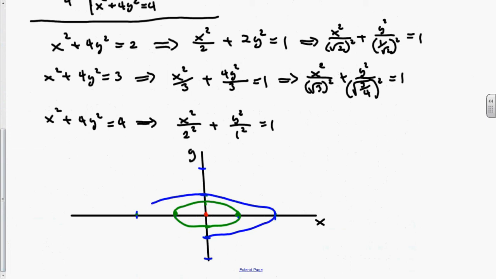Let's make it a different color. Try it one more time with my graphing skills. I'm doing my best. Now, you know the other two will be within there, so just graph those.